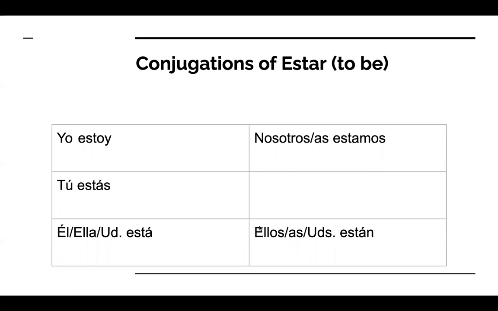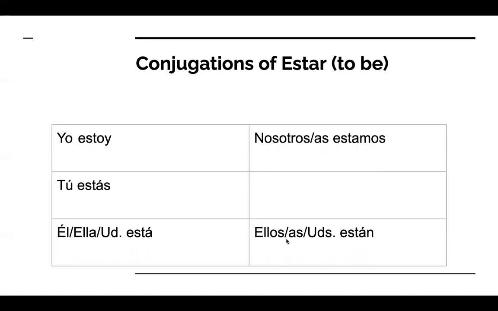Okay, so then we have ellos, ellas, or ustedes están. These are conjugated the same way as well. So they are, ustedes están, you guys are. Remember that for nosotros and nosotras and ellos and ellas, we have a masculine and feminine form. Nosotros and ellos are the masculine forms of we and they.